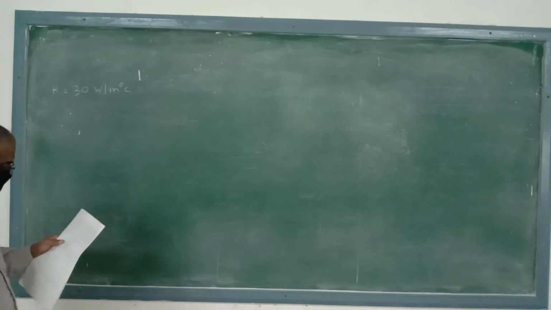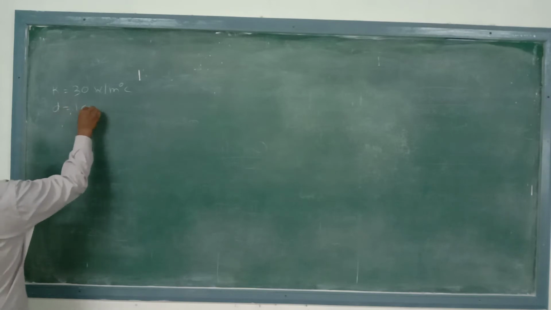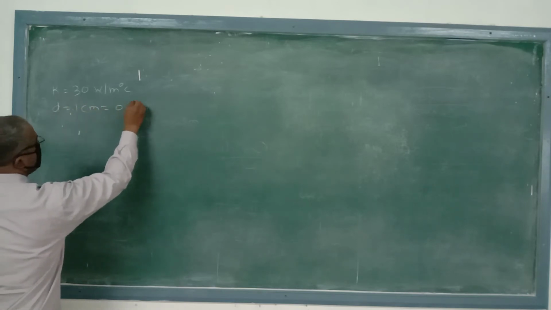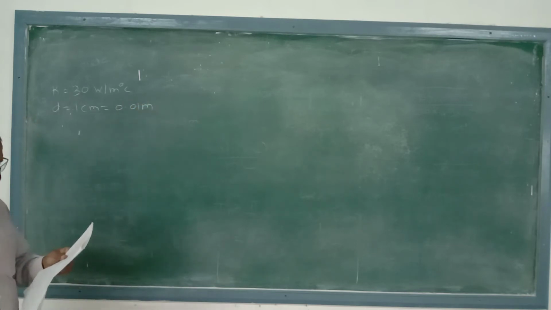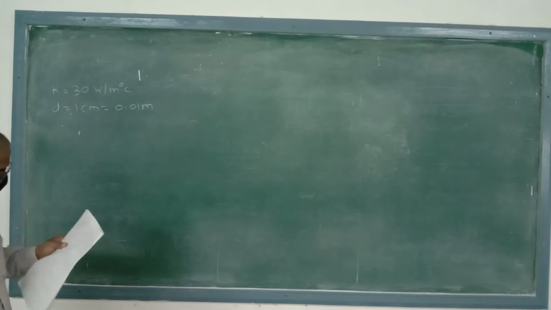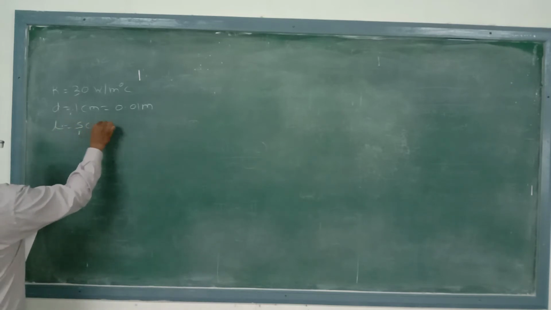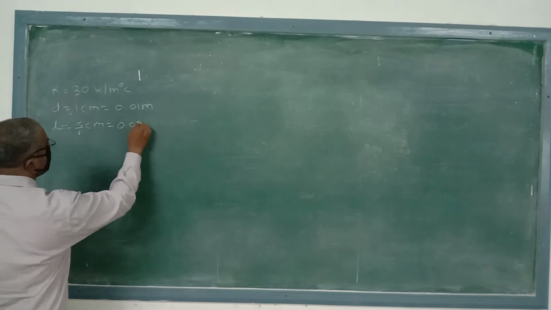Next, they have given diameter D is equal to 1 centimeter, which we are converting into meter. Next, 5 centimeter long, so L is equal to 5 centimeter, which we are going to convert into meter.